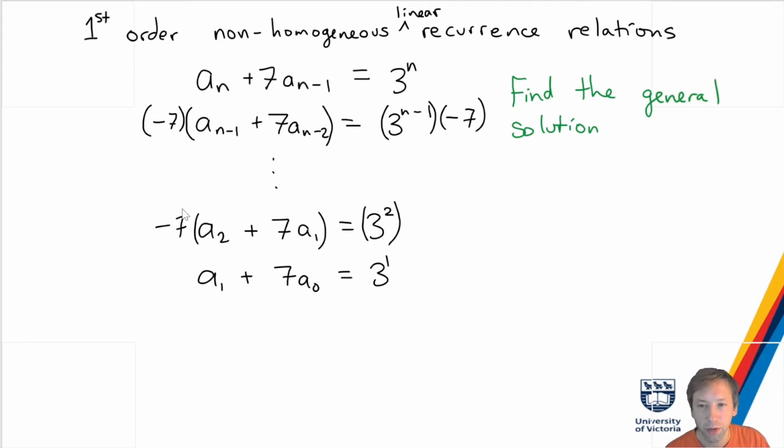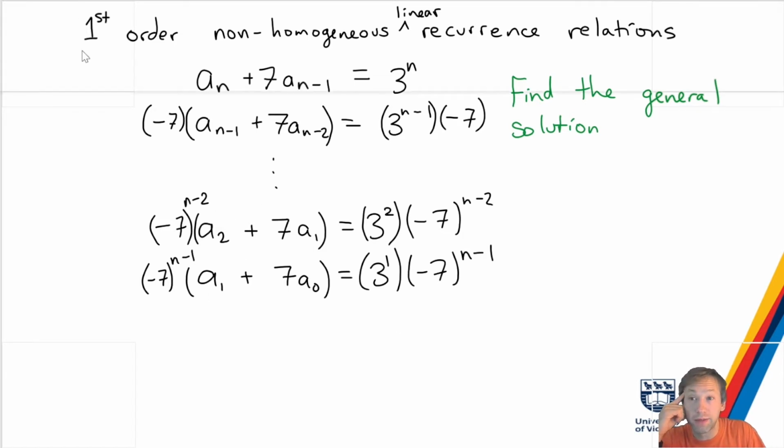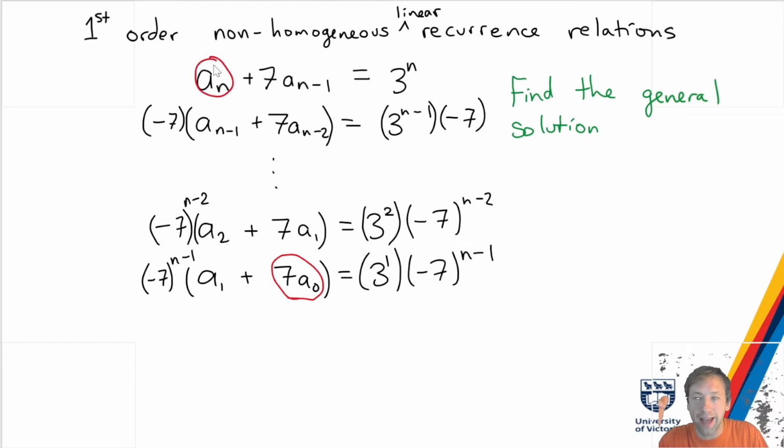So I'm going to go quickly through this because we've already done this in a few examples, but I think that one will be negative 7 to the n minus 2. This one will be negative 7 to the n minus 1, and then I've got a negative 7 to the n minus 1. And when you sum this all up, the only thing that survives because of the telescoping is something involving a0 at the end, and an at the beginning, and what I end up with is an.